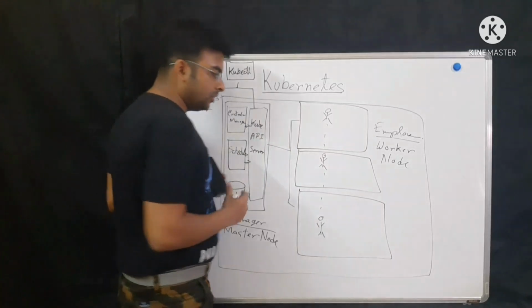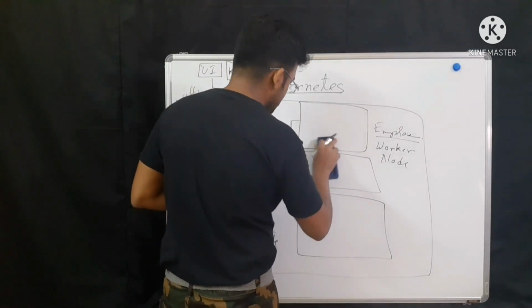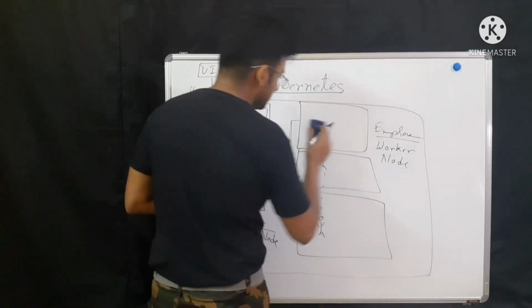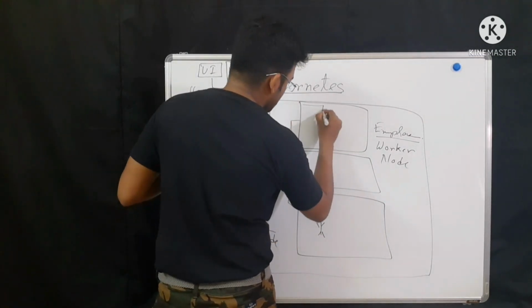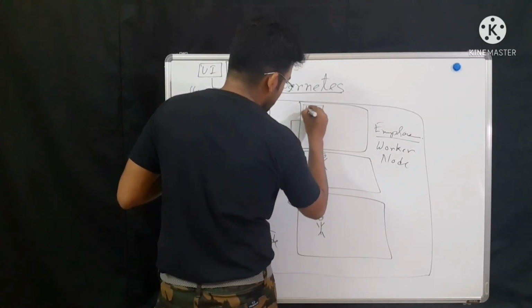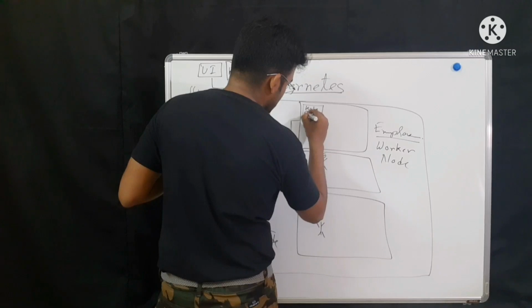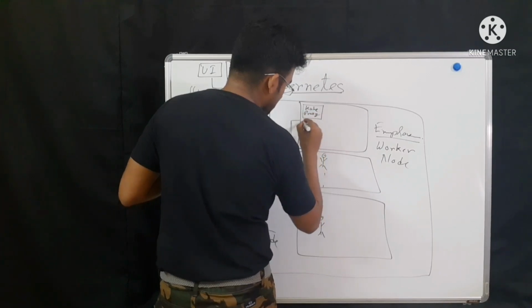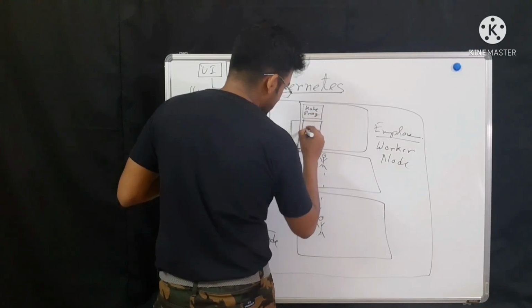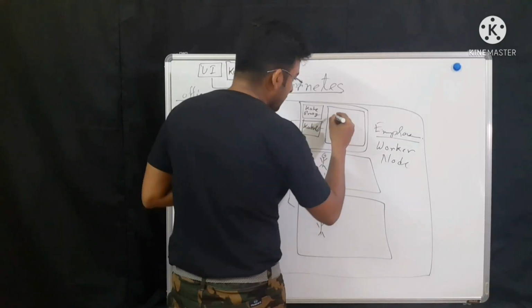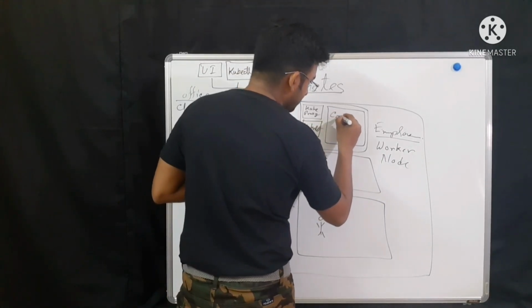And in the worker node we have some components like kube proxy, kubelet, and container runtime.